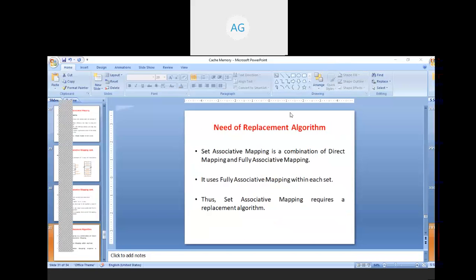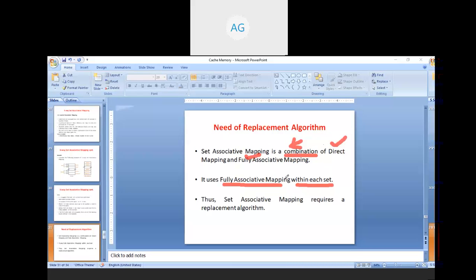The next topic is the need of a replacement algorithm. Set associative mapping is a combination of direct mapping and fully associative mapping. It uses fully associative mapping within each set. This is an important line. It contains the features of both direct mapping as well as fully associative mapping.